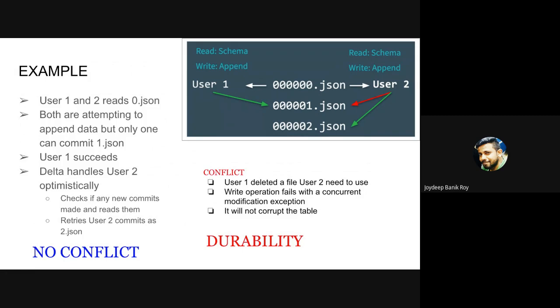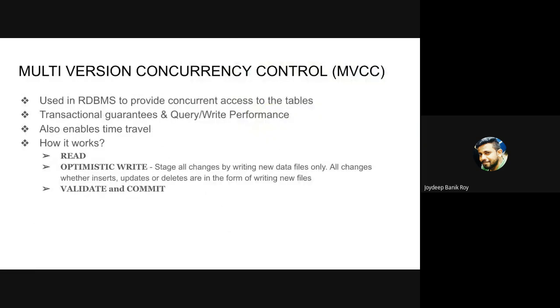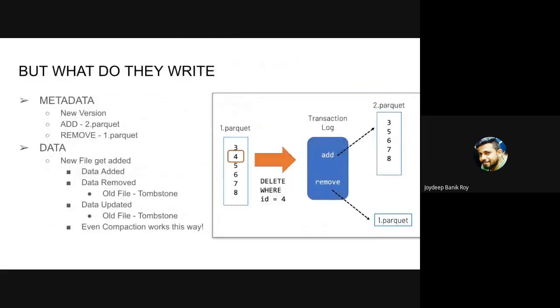New files got created as part of the delete. So the reader who is on 0th version sees a consistent view. The reader who is at the second version will actually see the deletes happen, but that is also in the form of new files.